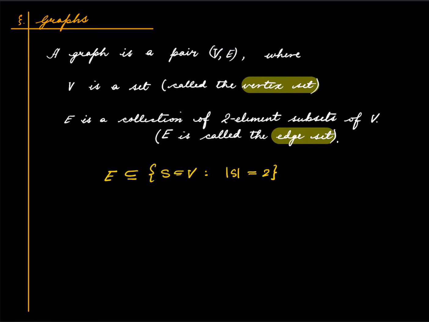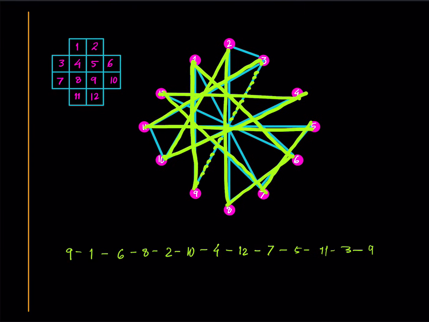So this is exactly what is happening here. In our situation, we had all these vertices, and the edges were those connections which allow the knight to jump from one vertex to the other. So 4 and 10 are connected because the knight can jump from 4 to 10 or from 10 to 4.